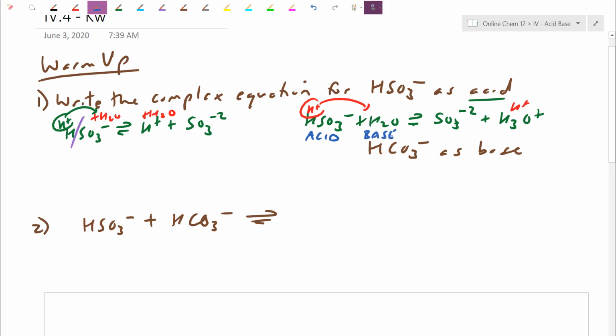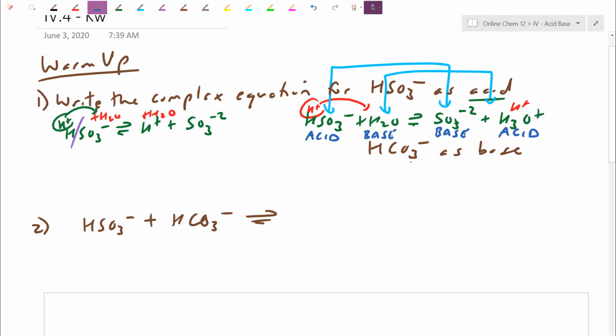So the HSO3 minus passes the football over. Now the SO3 minus 2 is without the proton, so it's now the base. And the water that now holds the football is now the acid form. We always have two conjugate pairs. Conjugate pairs are on opposite sides of the table, so that we can have one acid and one base on both sides. Let's do the other case here.